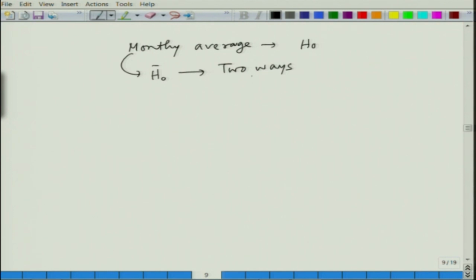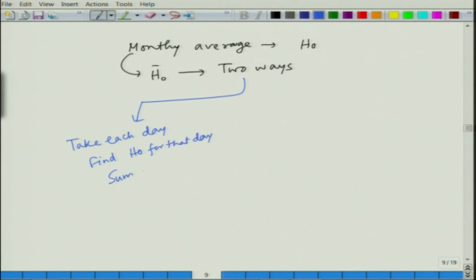One is take each day, find H naught for that day, then sum all of those days and divide it by the number of days.